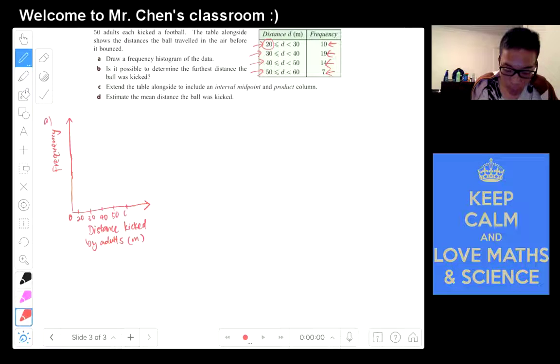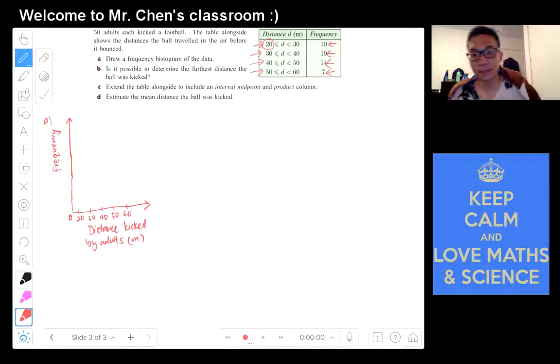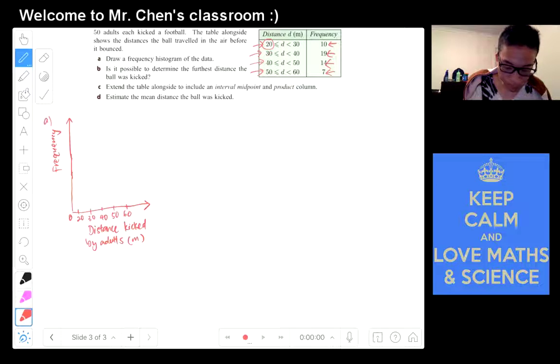Please do not follow my example, as in you make sure you do it on the grid paper because it will be neater, and also please use a ruler as well. And frequency, the frequency highest is 20.